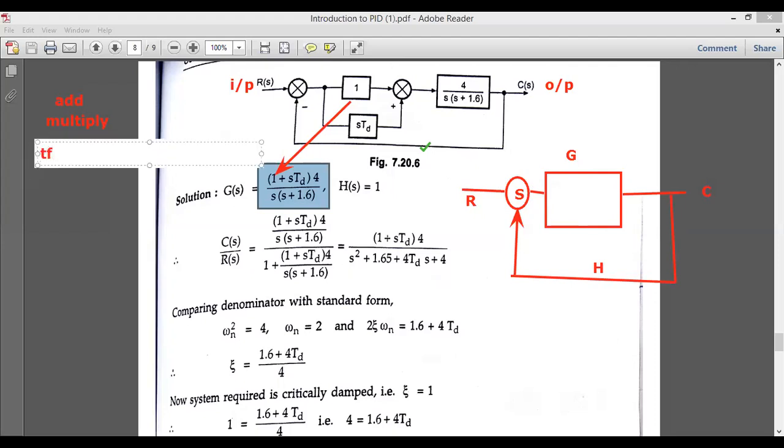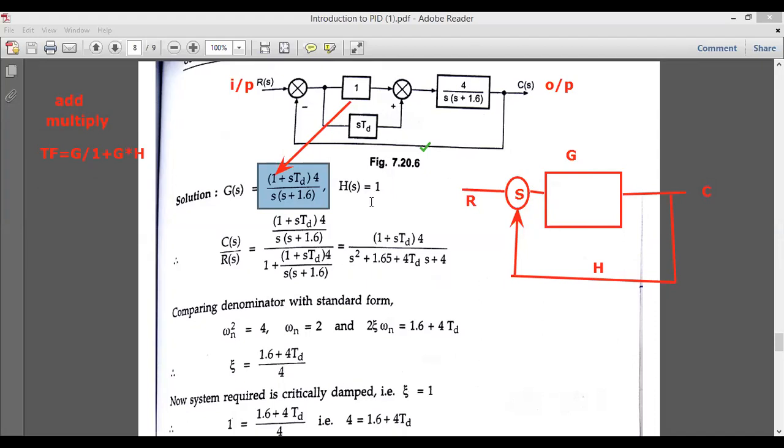Transfer function is equal to G block divided by 1 plus G block into H block. This is the formula for the transfer function, because this is the simplified diagram for this particular figure.